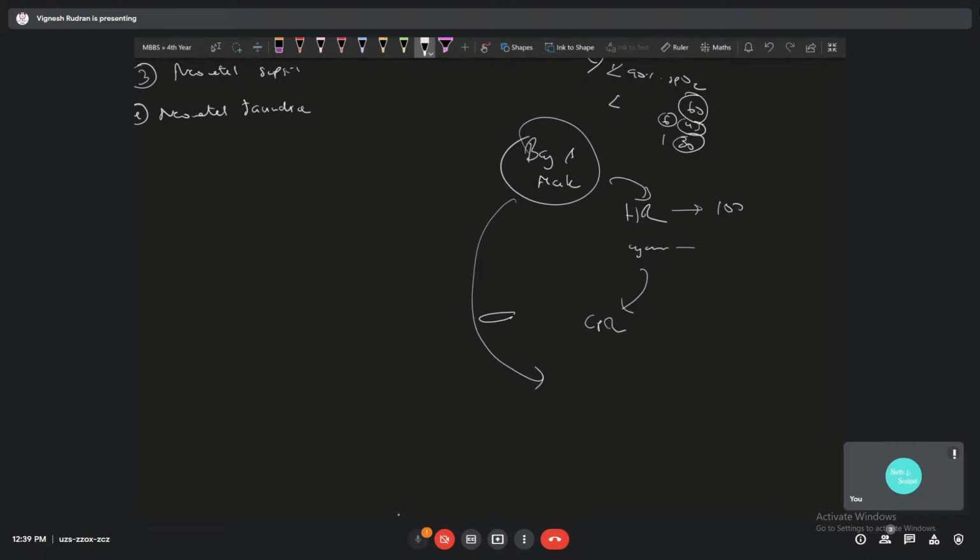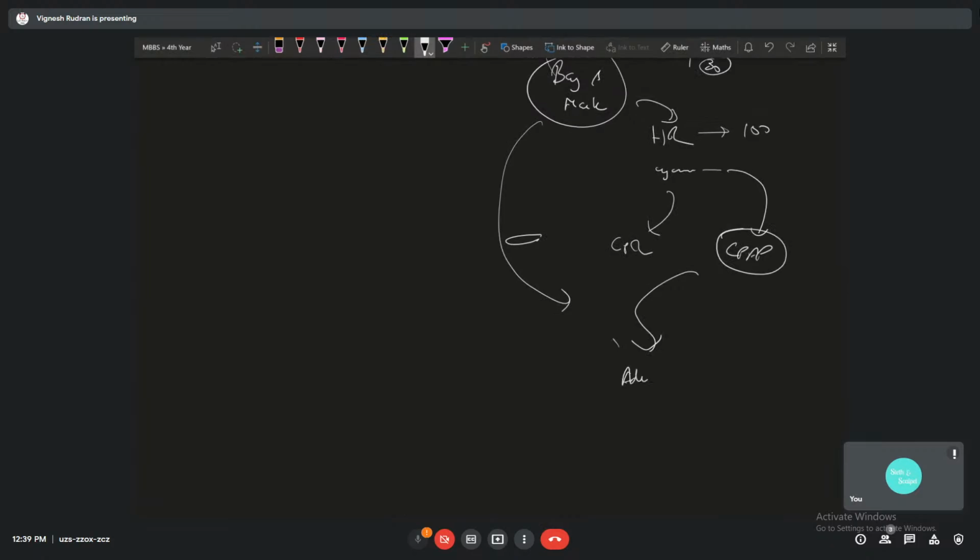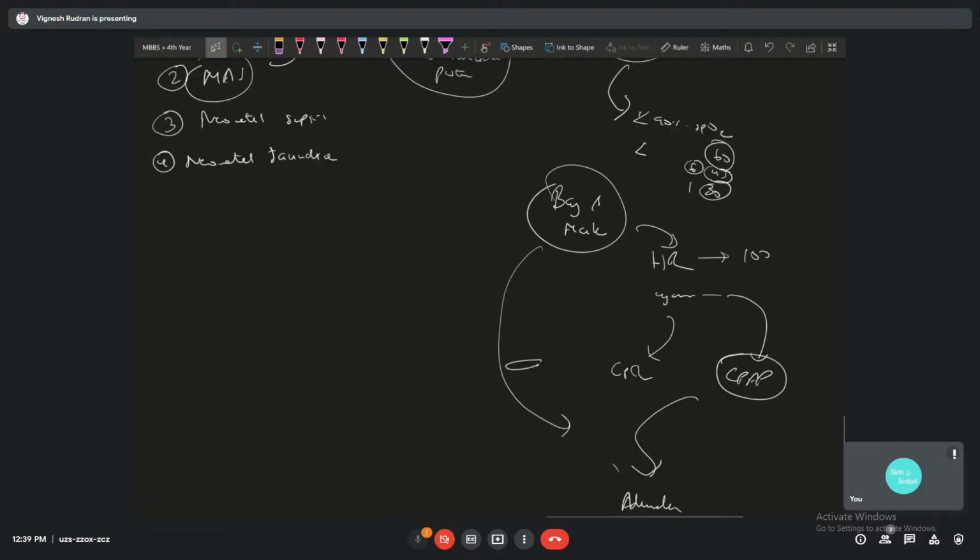You switch over to positive airway pressure, and if all of these fail, finally you will go to adrenaline and epinephrine, if the heart rate still doesn't increase.